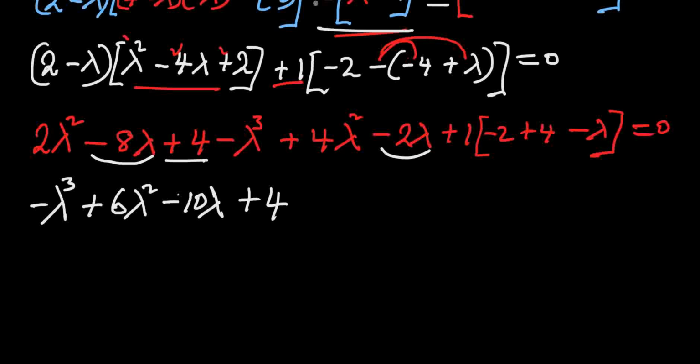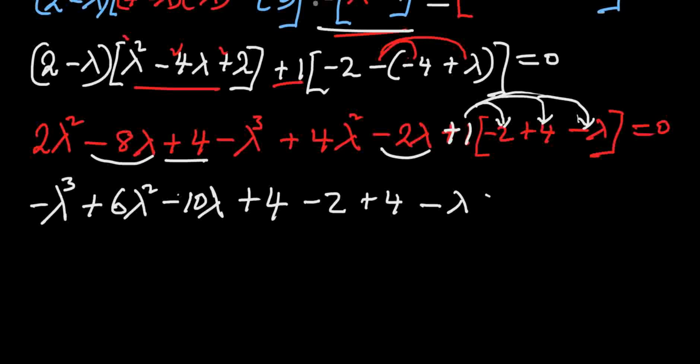Then now we can distribute this positive 1 into this, and that will give us negative 2. So we have negative 2, and also distribute it into this, will give us positive 4, and into this will give us negative lambda, equal to 0. I hope that makes some sense.